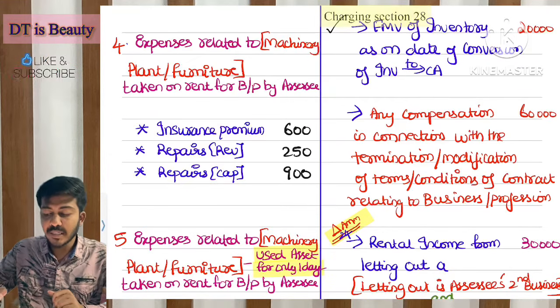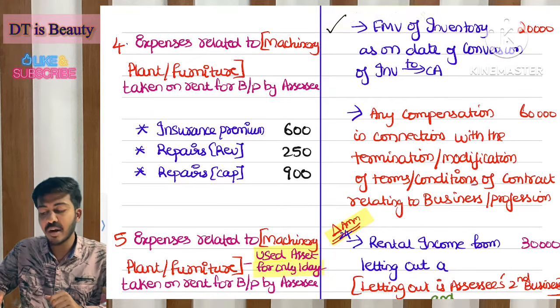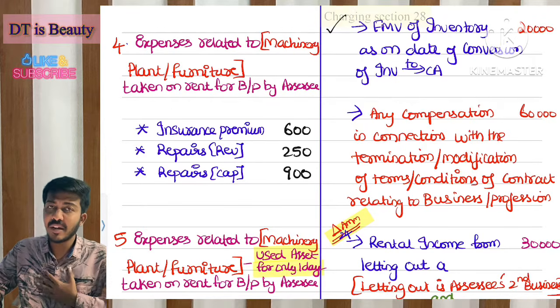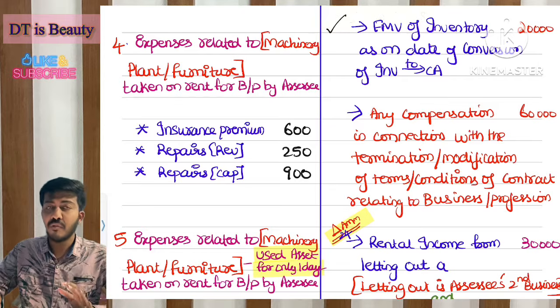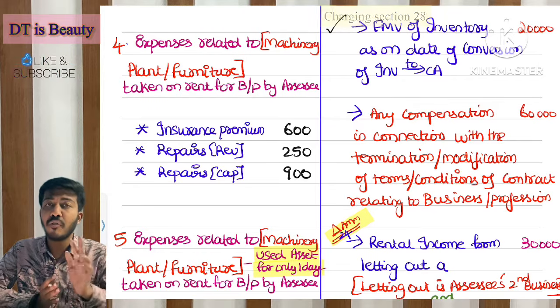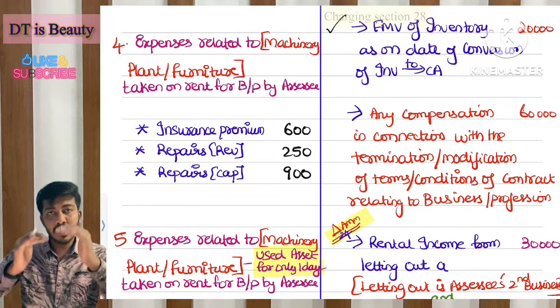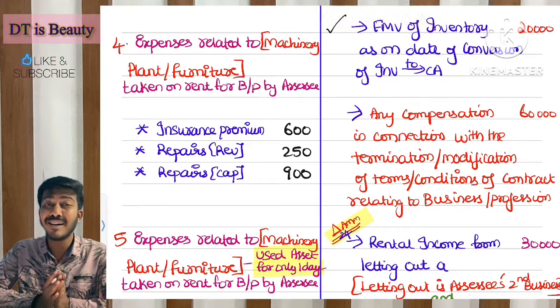Next, any compensation in connection with termination or modification of terms or conditions of a contract relating to business or profession. Suppose I had entered into a business contract with a vendor for some services. Now, because of my structure changes or business developments, I want certain terms in the agreement to be changed.